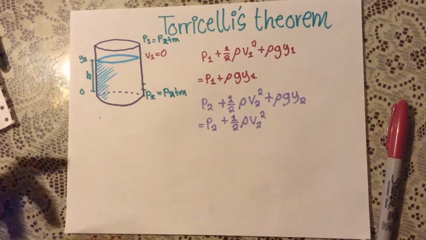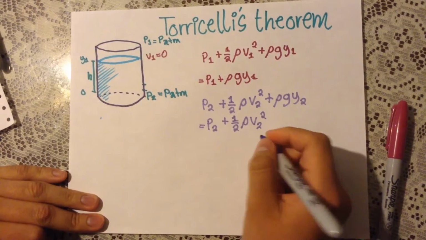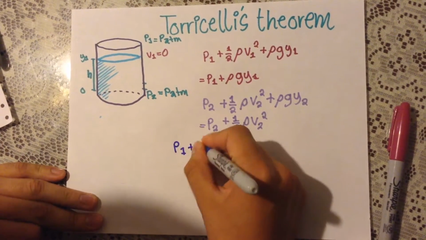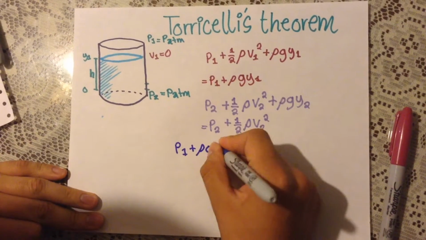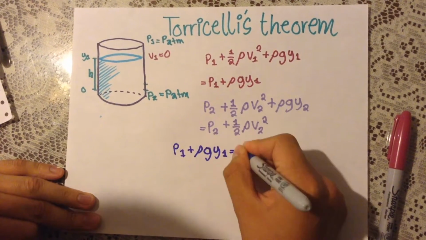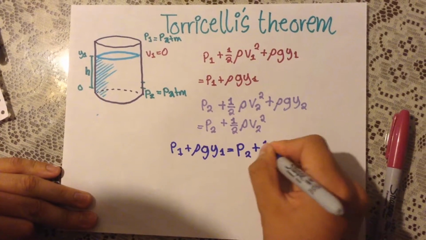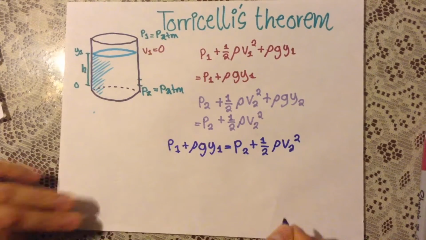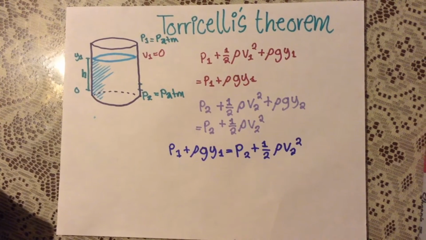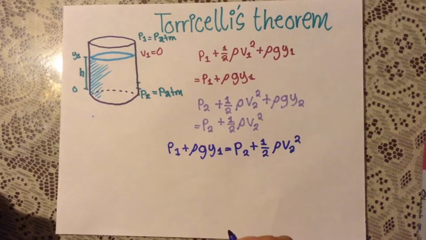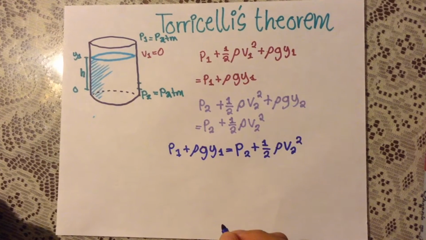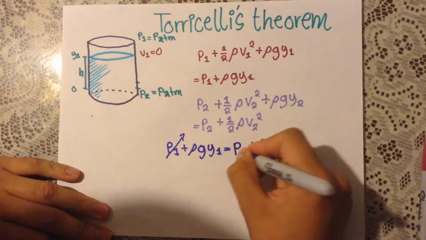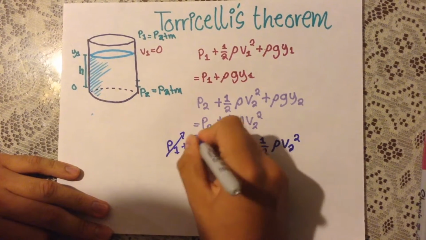Then we can equate these two equations, and we have that P1 plus density times gravity times g1 equals P2 plus 1/2 density times velocity 2 squared. But P1 and P2 are the same because it's atmospheric pressure, so we can eliminate them, and the density also cancels.